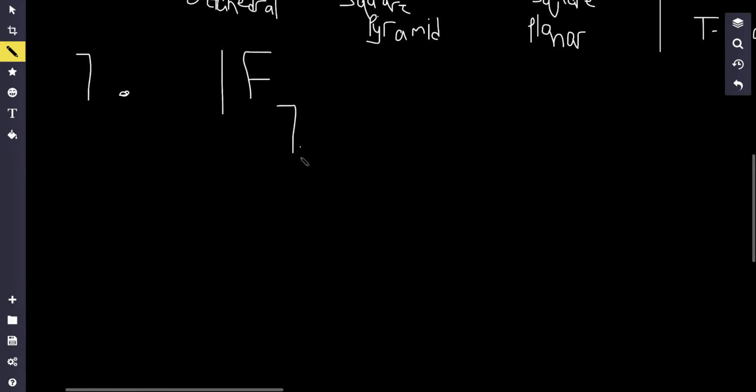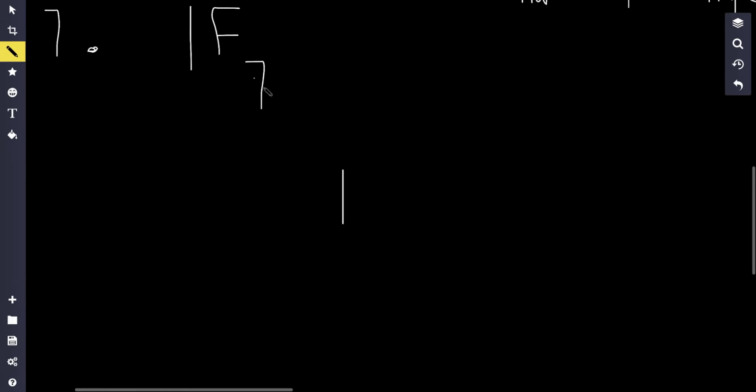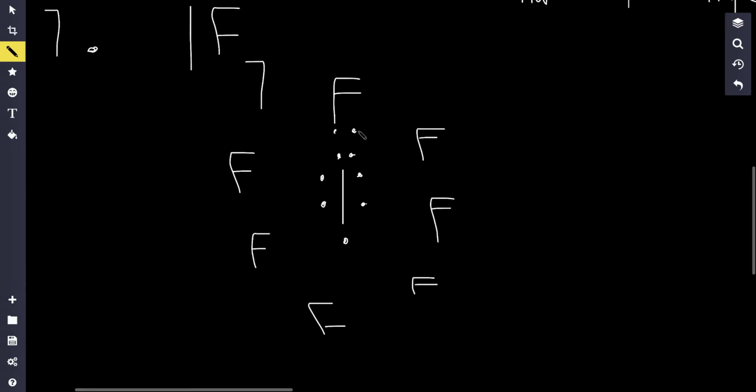Iodine heptafluoride. All right, so you have one iodine in the middle, and iodine is going to have 7 valence electrons because it's a halogen, and you're going to have 7 fluorines surrounding it. Remember that fluorine only needs to bond once in order to gain its full valence shell.